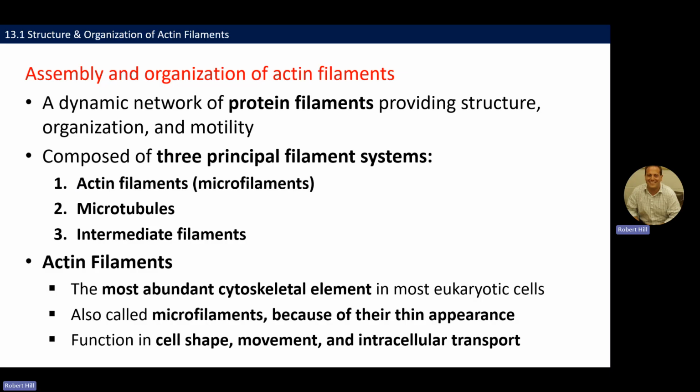Actin filaments are called microfilaments, and they're very abundant in the cell. Actin makes up one of the more substantial proteins in most cell types. But in terms of their thickness, they are the smallest of the three.